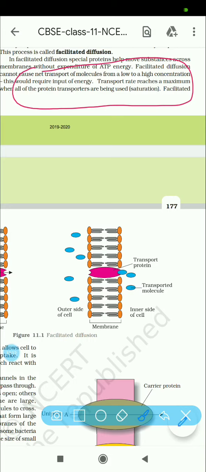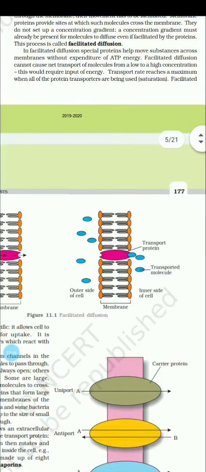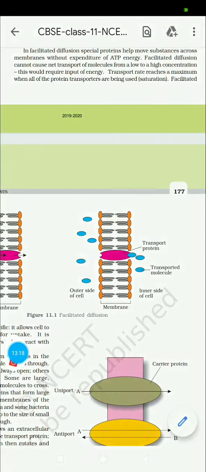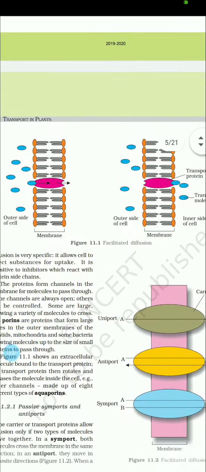Now the transport rate will reach maximum when all the protein transporters are used, that is when the entire membrane and all its facilitated proteins are saturated. Only then will the transport rate become maximum.